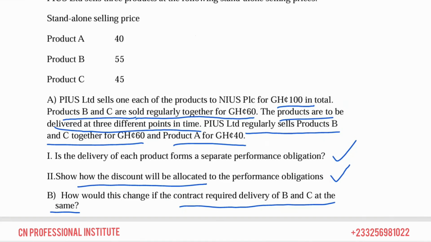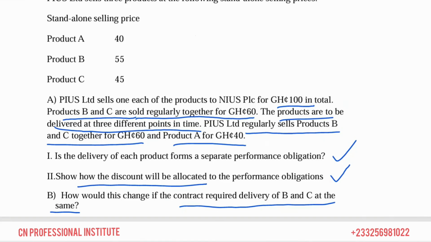We don't deliver them together. So we maybe deliver A today, then we deliver B another time and C another time. So since the delivery of the products happens at 3 different points in time, are you following? We can say they form different performance obligations.